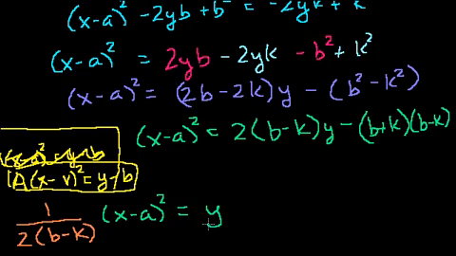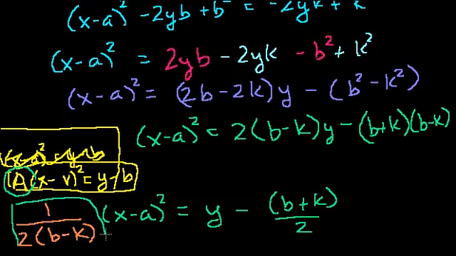So it's y minus, and if I divide this by 2 times b minus k, the b minus k's cancel out, and I'm just left with b plus k over 2. And I think I have gotten it in the form that I wanted, right? In this case, the a that I wrote up here is now 1 over 2 times b minus k. This b is the b that I did here. The y is the y, and then my constant term is out here.